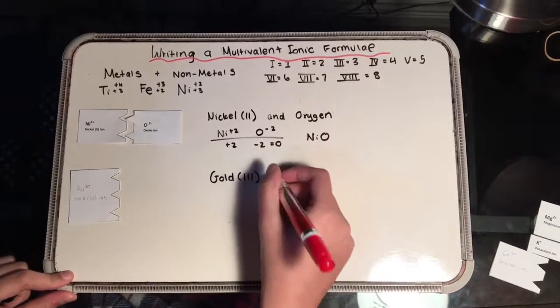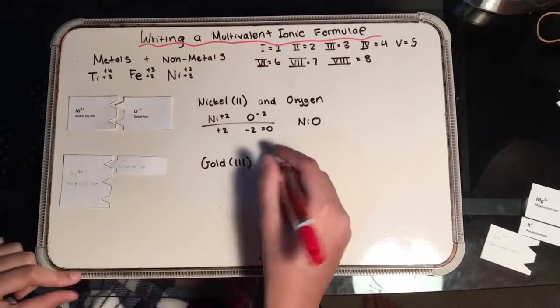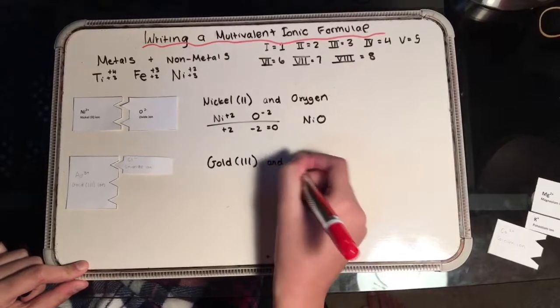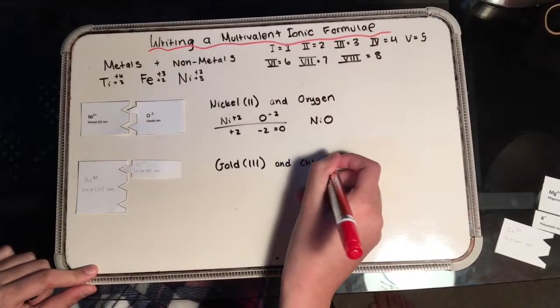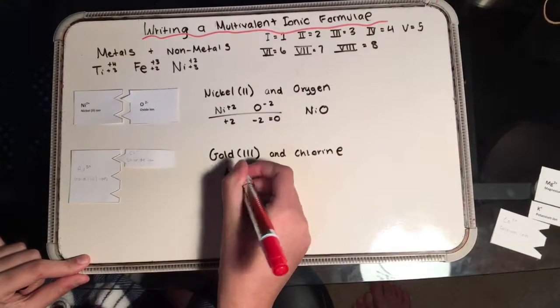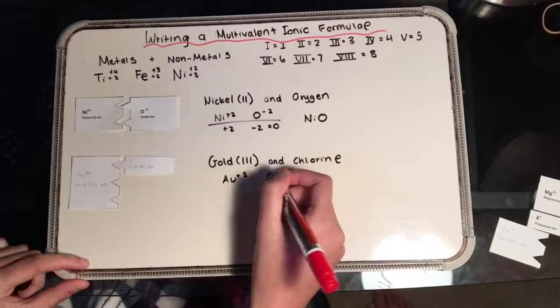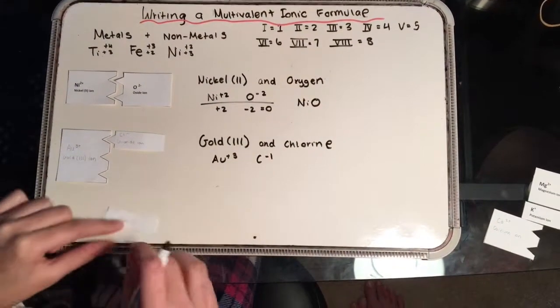The next element we are doing is gold, and we are combining this with chlorine. Gold, indicated by the Roman numeral, has an ionic charge of +3, and chlorine has an ionic charge of -1.